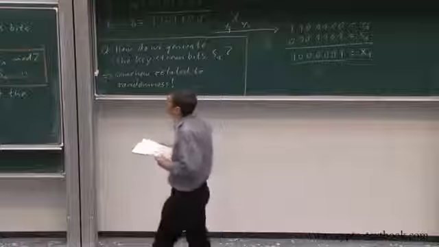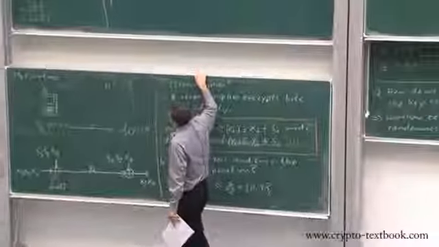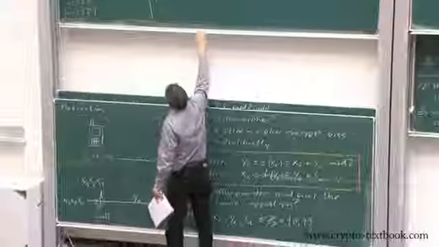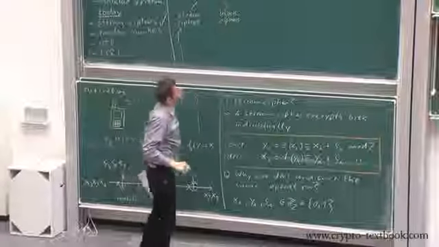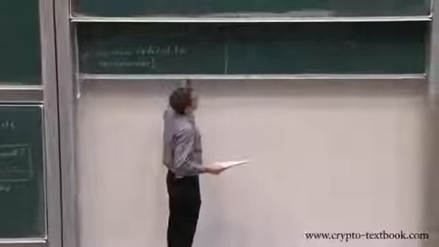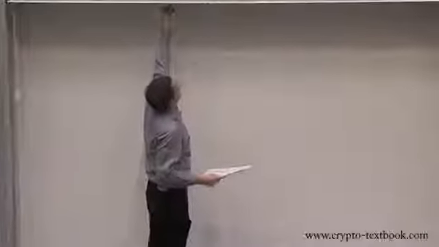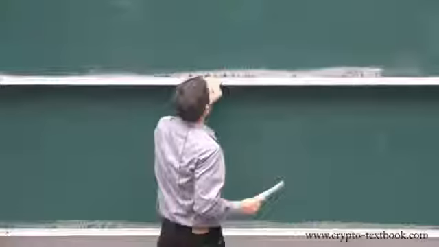And what we want to do at this point now is talk about random numbers a little bit, which brings us to the second part of the lecture today, random numbers. Chapter 2.